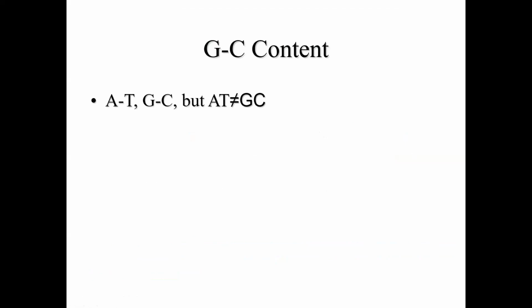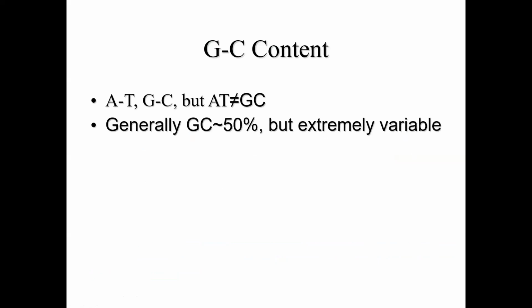One of the interesting points is guanine and cytosine content. When we do the whole genome sequence of an organism, then we estimate the guanine and cytosine content in the DNA because it is unique for different species. Generally, GC is about 50%, but extremely variable.